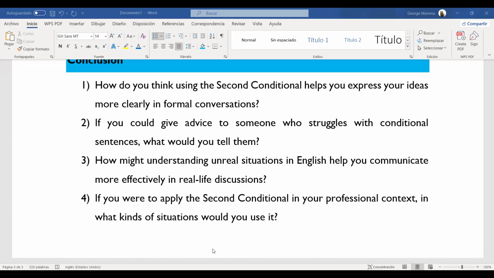No one? Let's move on to the last one. If you were to apply the second conditional in your professional context, in what kinds of situations would you use it?